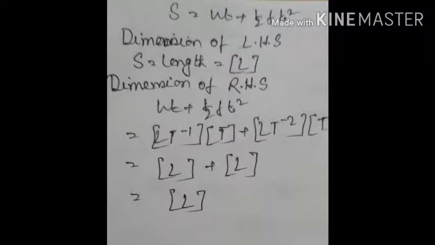Let us use the dimension of u, that is velocity, L T to the power minus 1, times time T. The half is a numerical value, it is dimensionless. For f we use L T to the power minus 2 and t square is T to the power 2. So finally this side provides L plus this side provides L, and finally this is L. So the dimension of the left hand side satisfies the dimension of the right hand side, both are L.